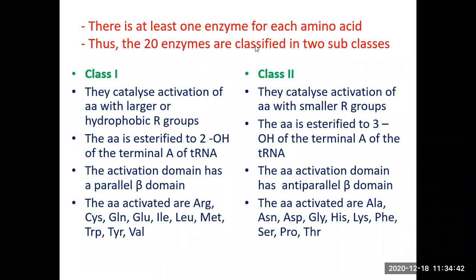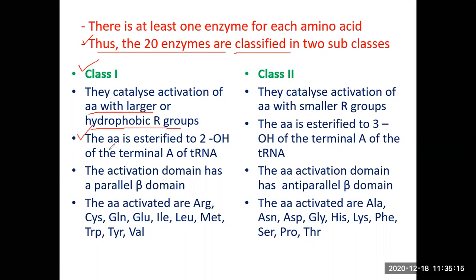There is at least one enzyme for each amino acid which participates in protein biosynthesis. Accordingly, there will be at least 20 enzymes, and these 20 enzymes are classified into 2 subclasses. In class 1, the enzymes catalyze activation of amino acids with larger or hydrophobic R groups.